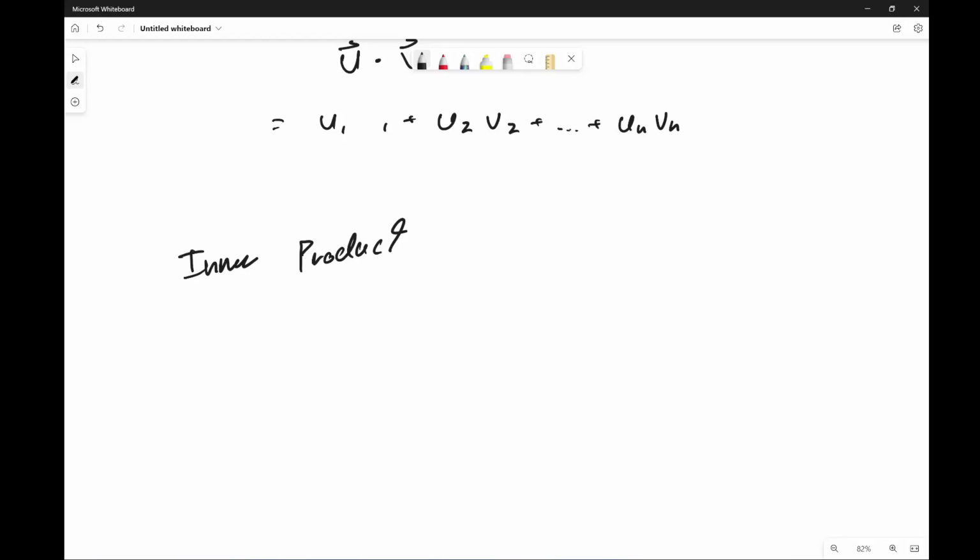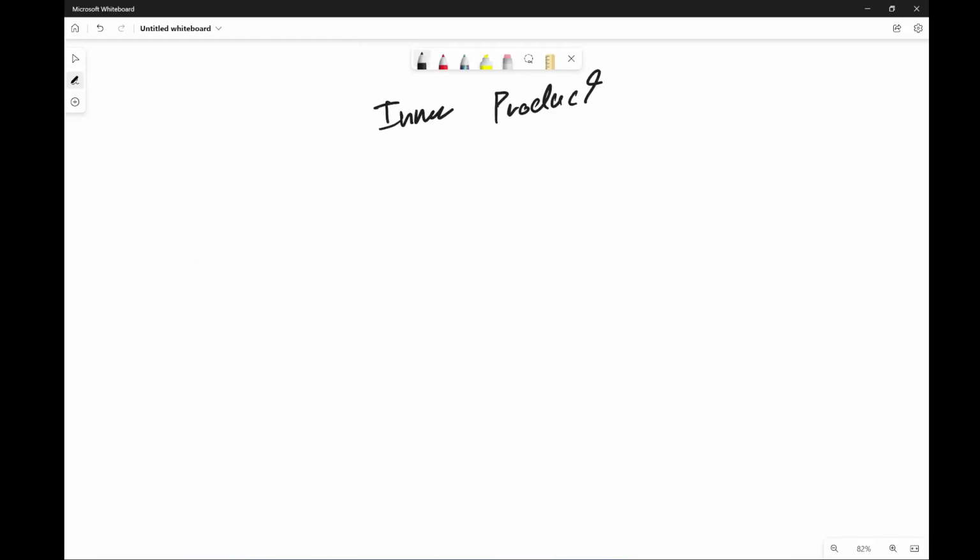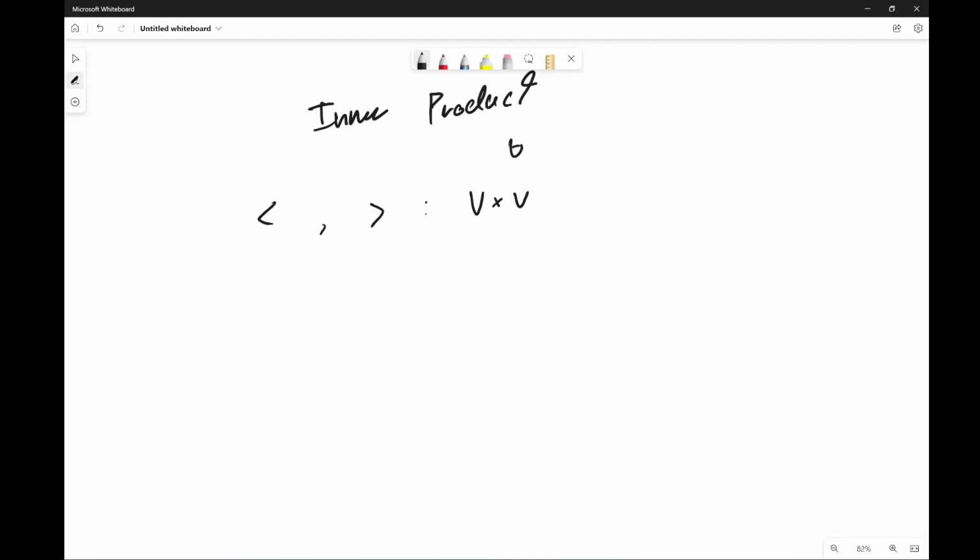For inner product, we have for reals, we're going to denote it with these brackets. So it's basically a map from V times V, where V is Rn, to the reals.